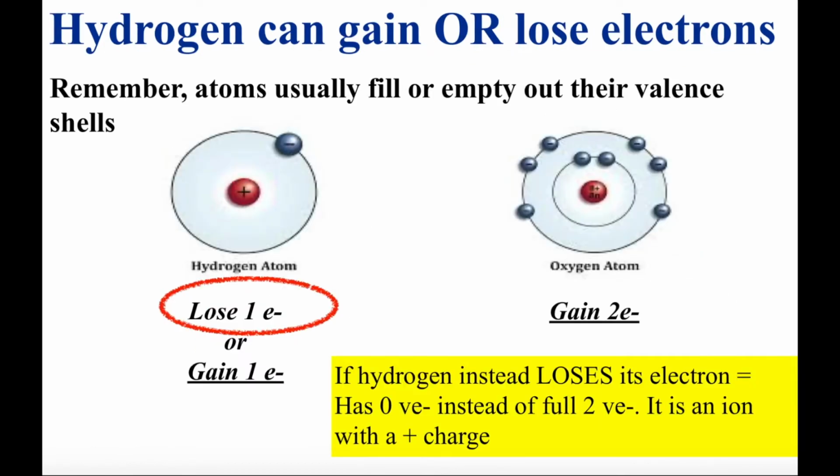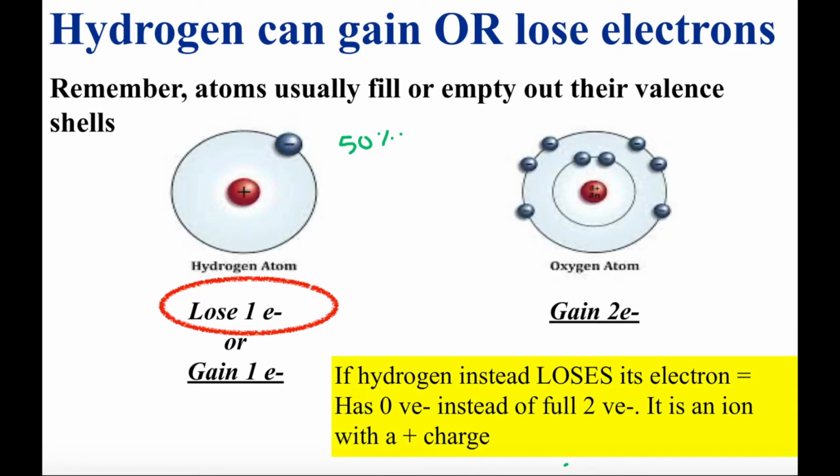Now, there is something a little weird though. Hydrogen, if you recall, has 1 electron when it's not bonded with oxygen, in its outermost valence electron shell, which is 50% full out of the 2 it needs. If you remember, a lot of atoms accomplish a perfect valence electron shell by either gaining electrons until they're full or losing electrons till that outside shell is empty.